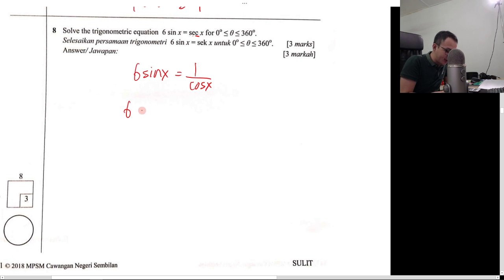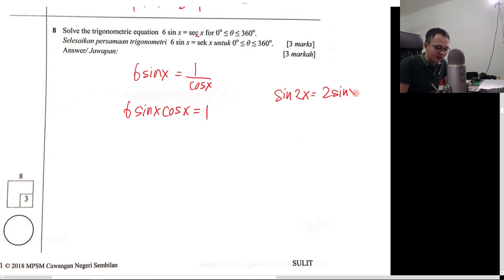Then what I'm doing here is I'm going to move the cos x to the other side. When I see sin x cos x, the first thing that comes into my mind is the formula for sin 2x, because it equals 2 sin x cos x. This is the only formula where sin x is multiplied with cos x. So in order to get the 2 sin x cos x, I will make the 6 here become 3 multiply 2.